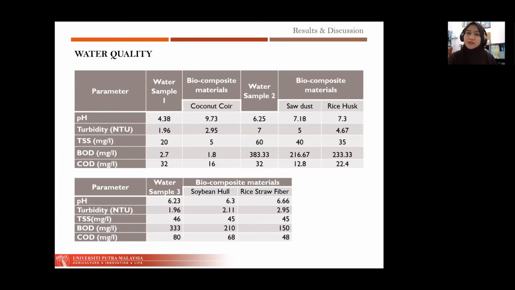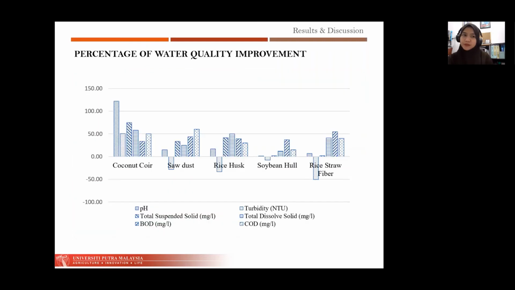There are significant differences in all parameters tested except for turbidity and the pH. The results presented in the bar chart here indicate that those materials are capable and performing well in filtering the rainwater. A huge reduction in total suspended solid and total dissolved solid of filtered rainwater compared to the non-filtered rainwater.